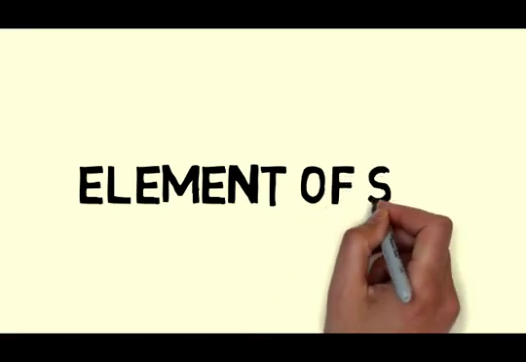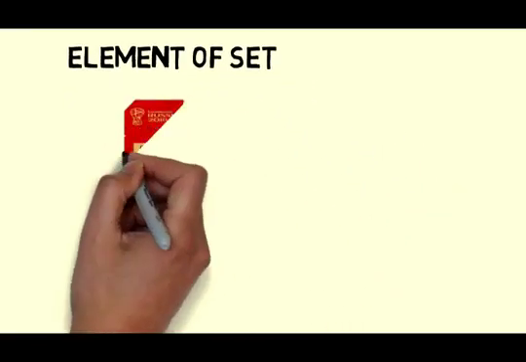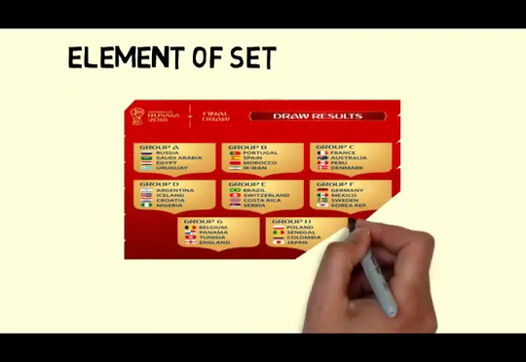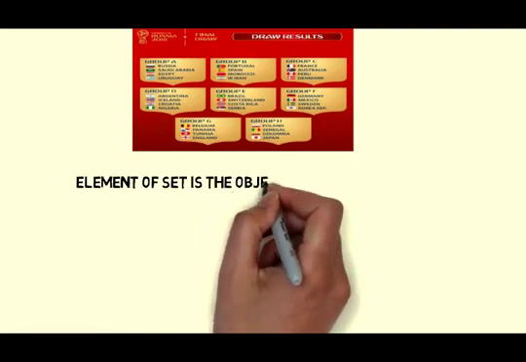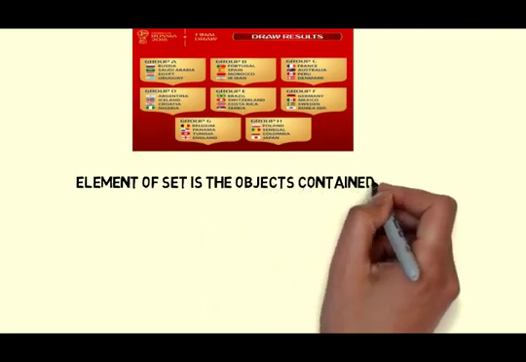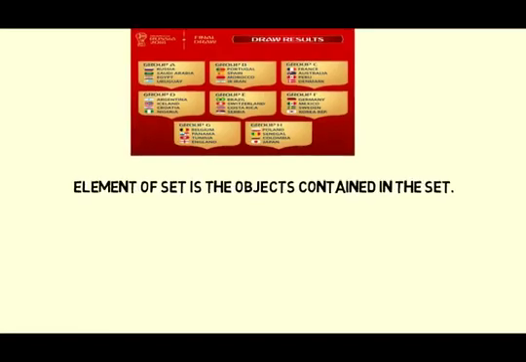What is element of set? The teacher explained about the draw result of World Cup 2018 in Russia. Element of set is the object contained in the set.